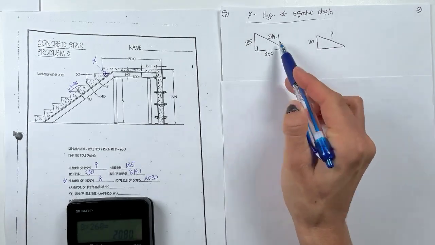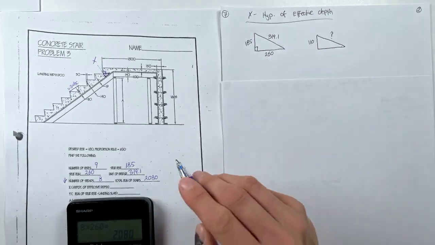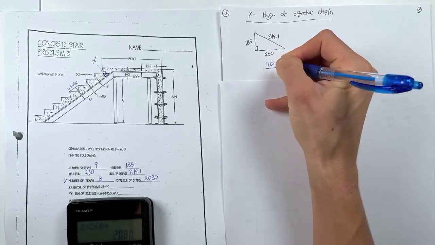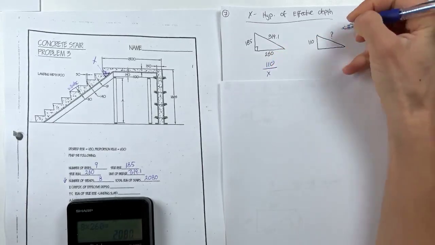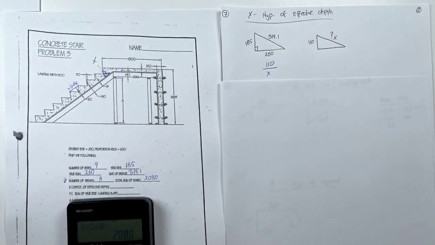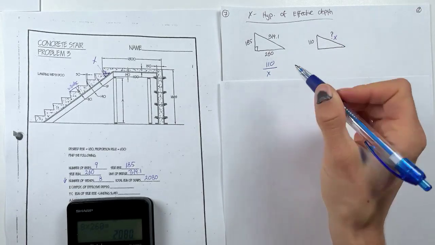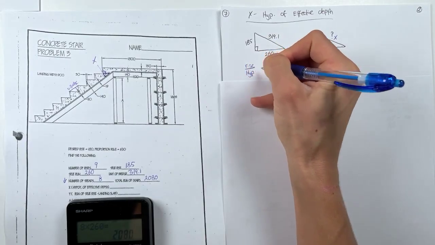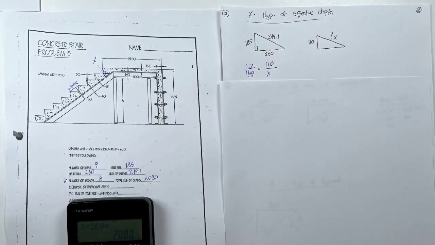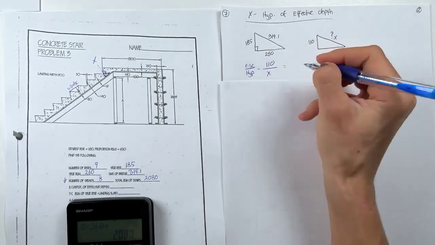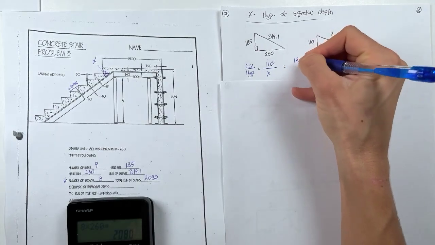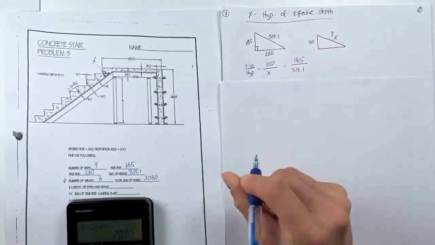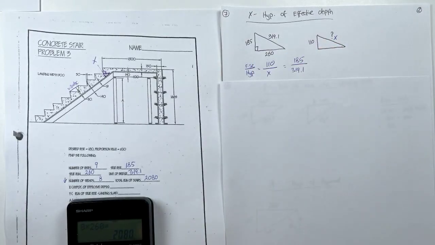I would compare the rise and then the hypotenuse. And I always like to keep them the same. So 110 over x, because this is x, right? So 110, which is our rise over our hypotenuse. And we have to do that on both sides. On the other side, we have 185, our unit rise, over 319.1, which is the hypotenuse of that other triangle.